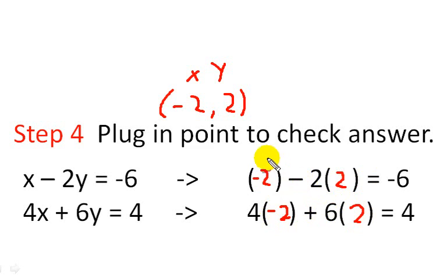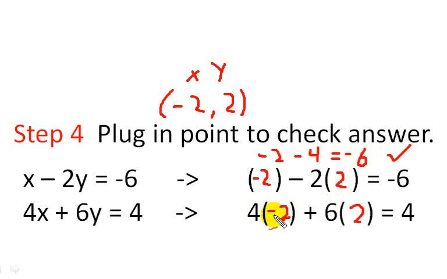So I have negative 2. Negative 2 times 2 is going to give me negative 4, and this is supposed to equal negative 6. Checking this, negative 2 minus 4, yeah, that does equal negative 6. So that is true.